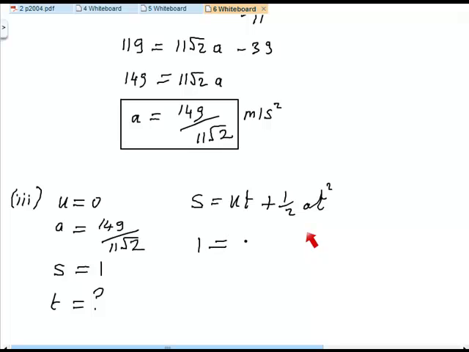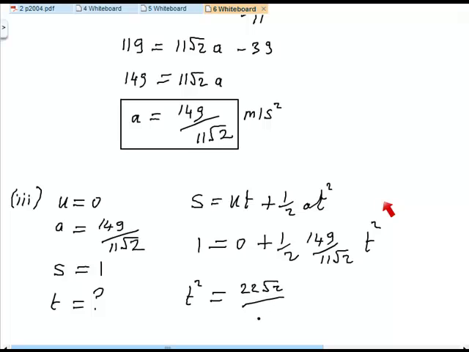Fill it in. 1 is equal to 0 plus a half a, which is 14g over root 2 over 11 root 2 by t squared, and this gives us t squared is equal to 22 root 2 over 14g, or dividing above and below by 2, 11 root 2 over 7g.